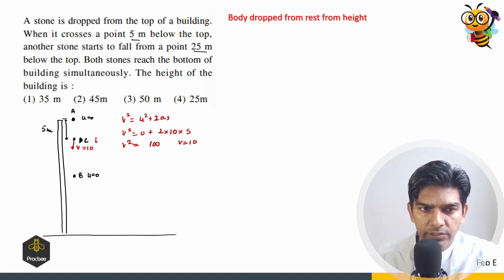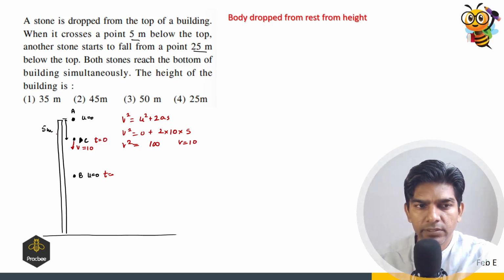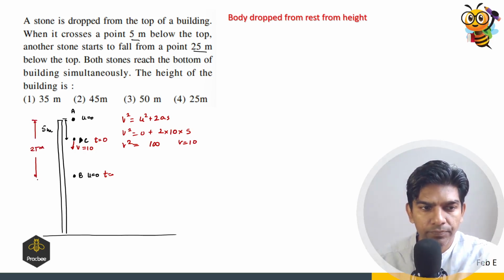Let me call this instant t equals 0, and at t equals 0 the second stone is at a depth of 25 meters from the top, right? Let us take this distance as h. So this distance will be 25 minus 5.